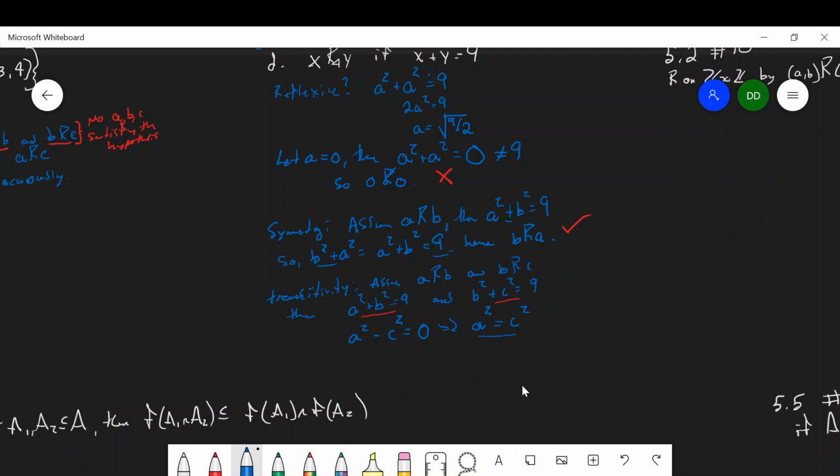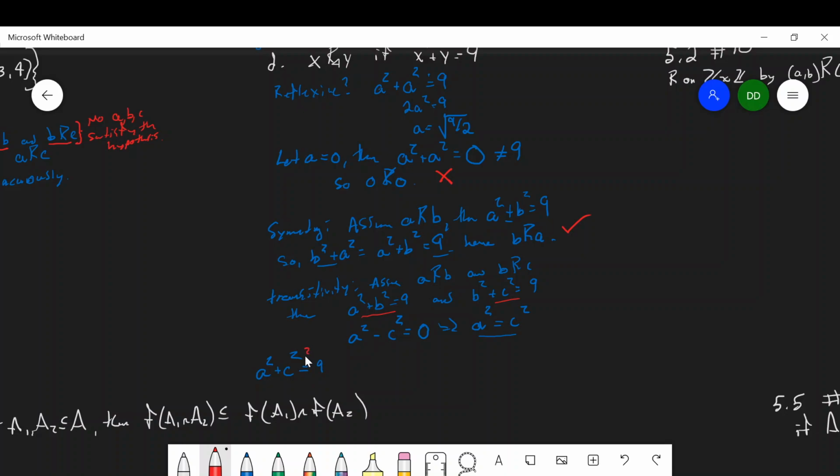Notice this isn't telling me that a is related to c, just that those two things have to be equal. But if, right, is a squared plus c squared equal to 9?